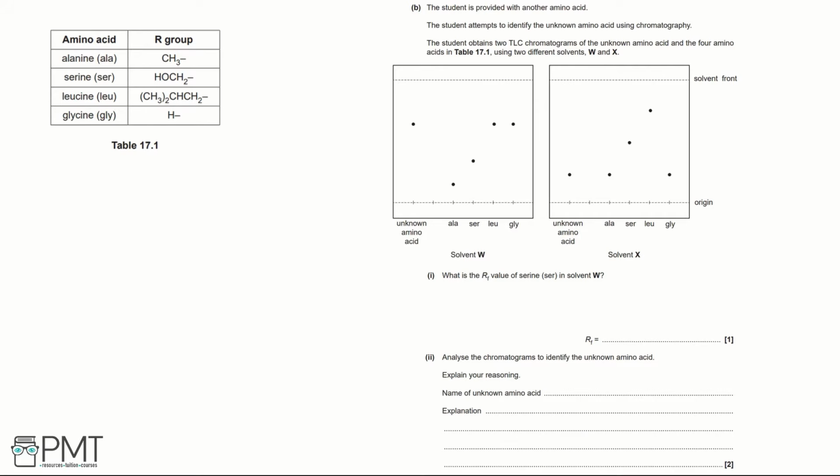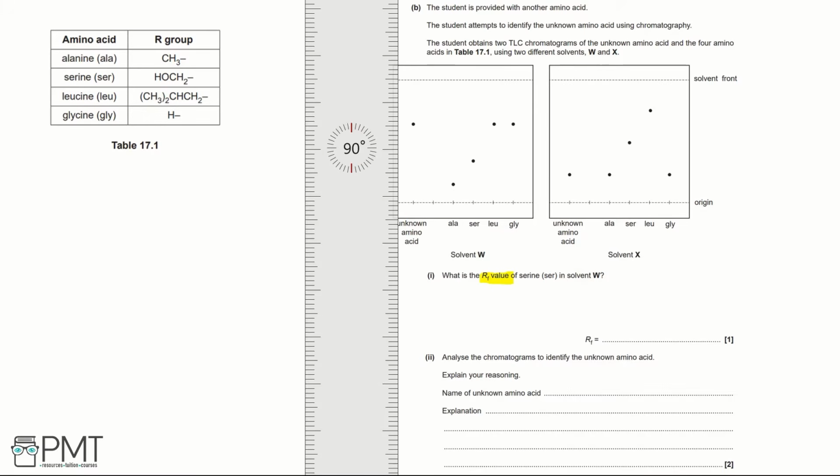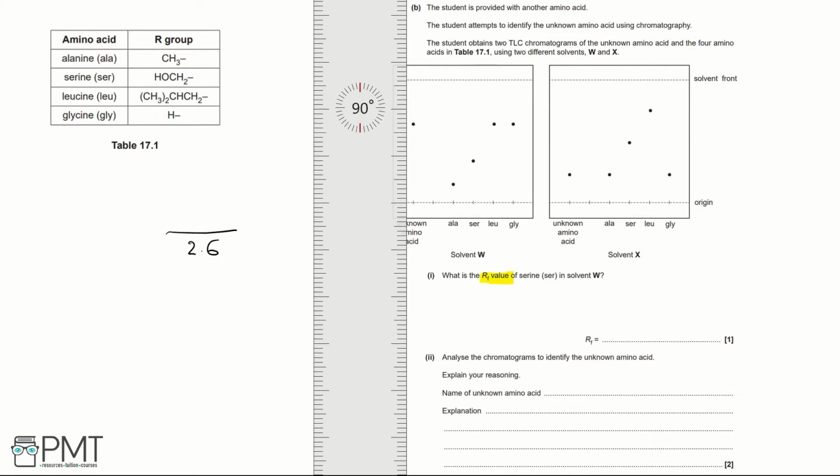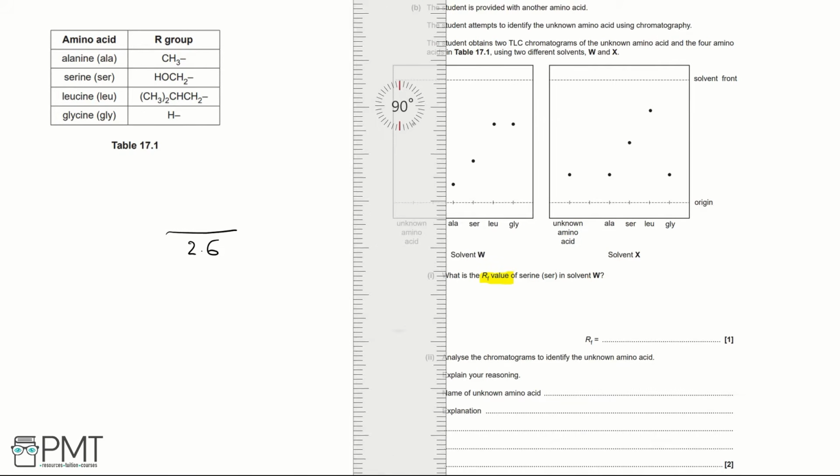When working out RF value, you need 2 values. You need the distance travelled by the solvent front and the distance travelled by your sample. So if we work out the distance travelled by the solvent front, that would be 2.6 centimetres. Then we're going to have the distance travelled by serine, or SER.